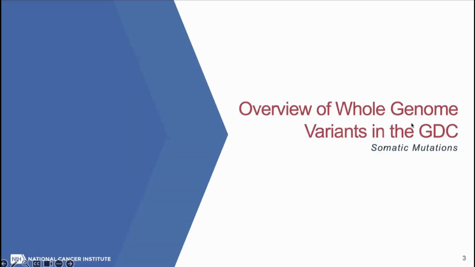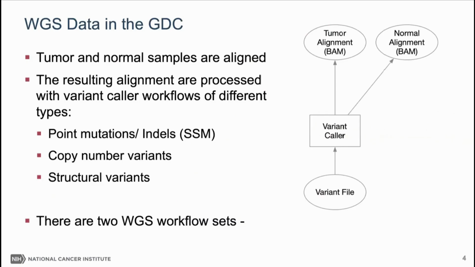So just to get started with an overview here, whole genome sequencing data in the GDC, if you're familiar with the whole exome sequencing data, it's a pretty similar pipeline. Tumor and normal samples are aligned separately, and then the resulting alignments are processed with variant caller workflows of different types. There are three main types that I'd like to talk about here, and we're going to get much more in detail.